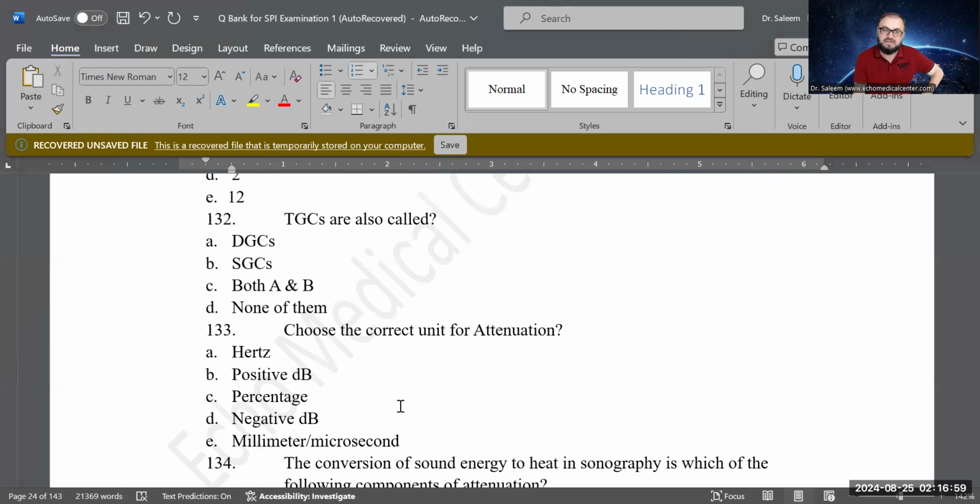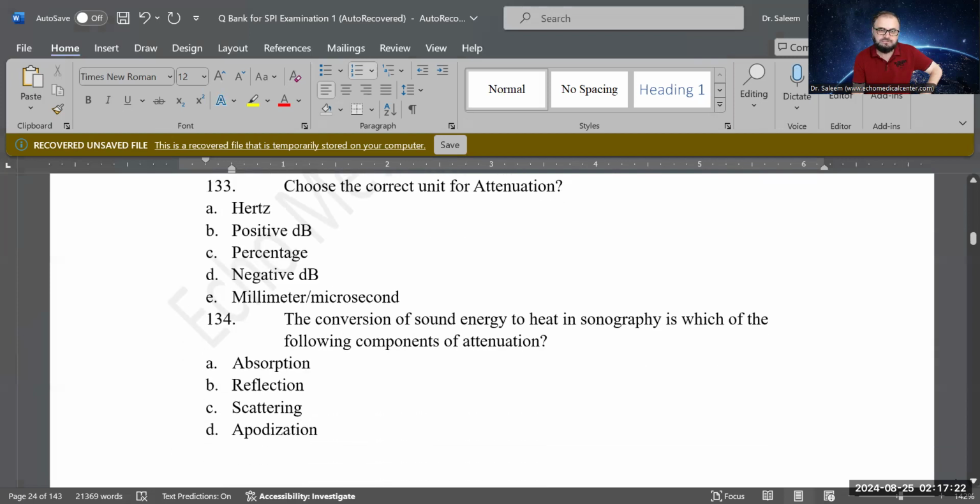Yes, that is decibel, but negative decibel, because attenuation itself is the losing of something. We're losing sound, amplitude, intensity and power. We are not gaining, we're losing, so that would be negative. It's a decibel, but negative decibel. Be careful.